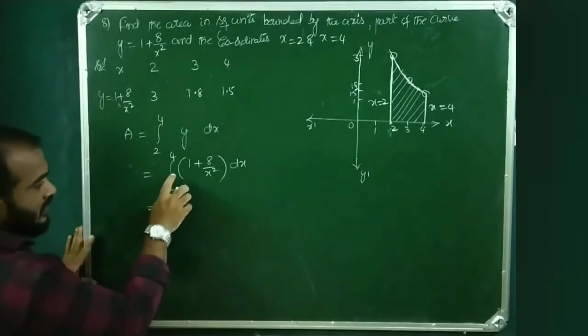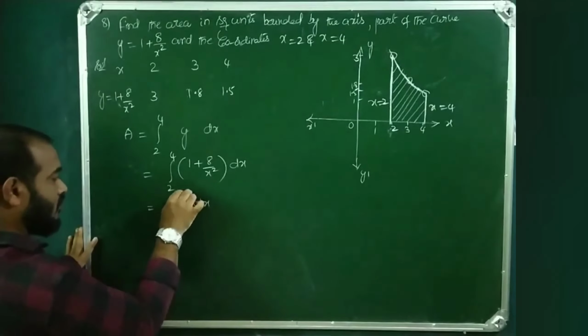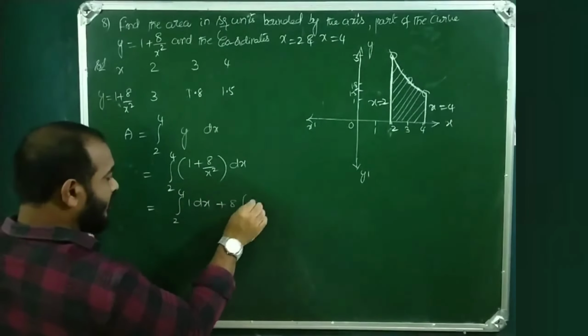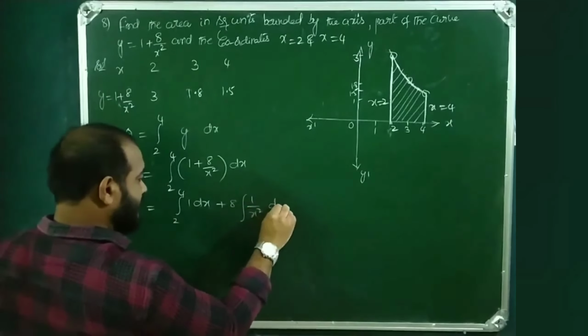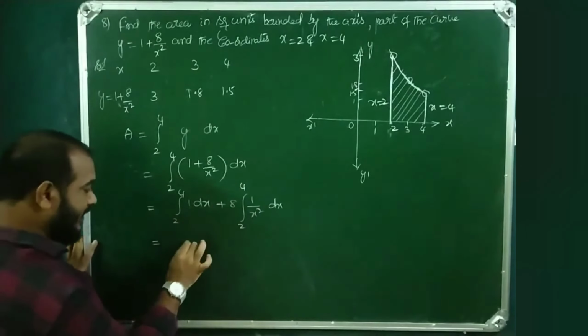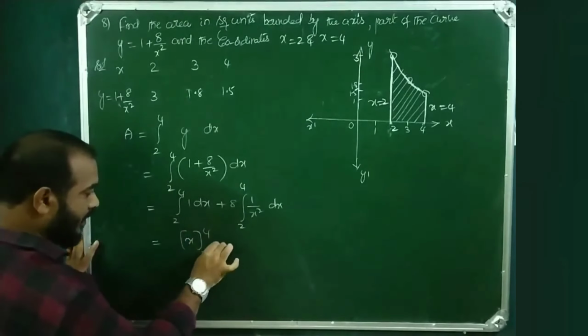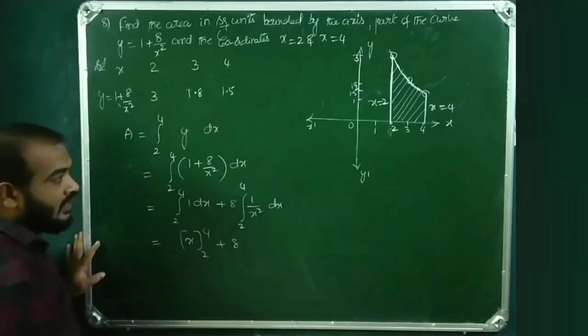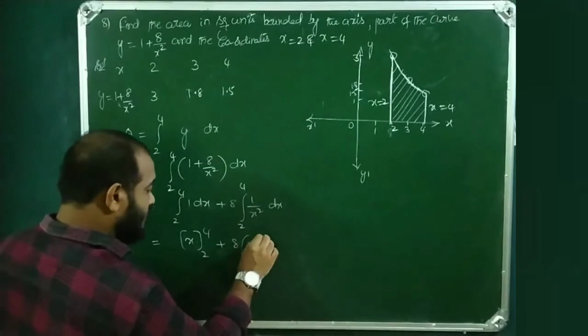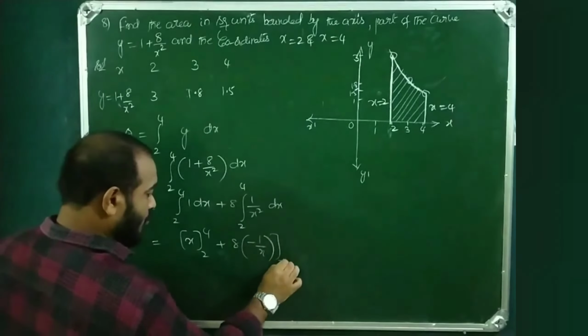This is the integral of 1 dx from 2 to 4, plus 8 into the integral of 1 by x square dx from 2 to 4. Integral of 1 dx is x, from 2 to 4. I am writing here 8, integral of 1 by x square is minus 1 by x, from 2 to 4.